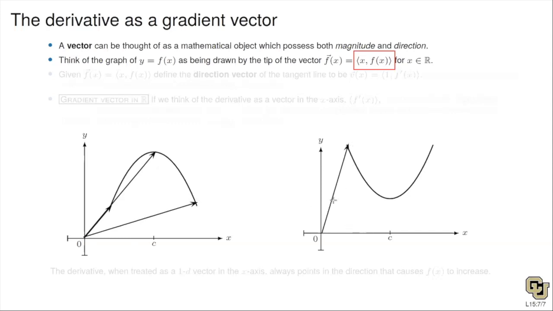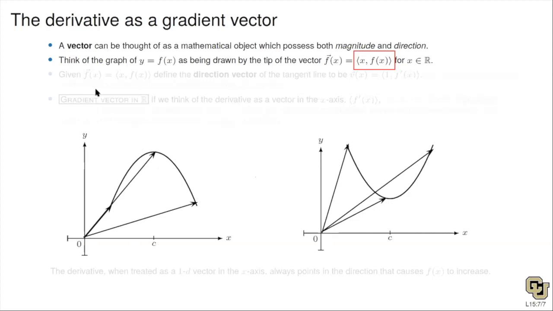As we run x through the domain of the function, the vector draws out the curve. The vector acts like a pen, okay? This is what's known as a parametric curve, and you'll study this in Calc 2. We don't look at curves this way in Calc 1. As I said, this is a very modern way of looking at math.